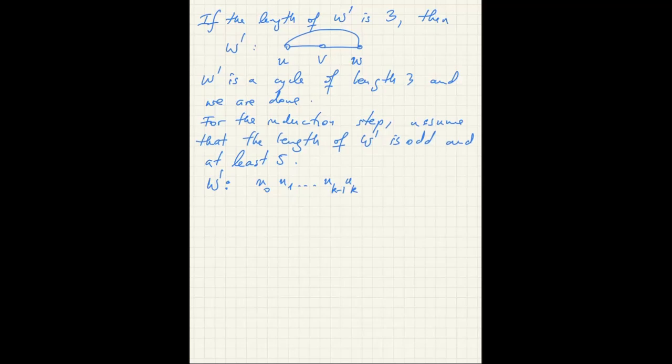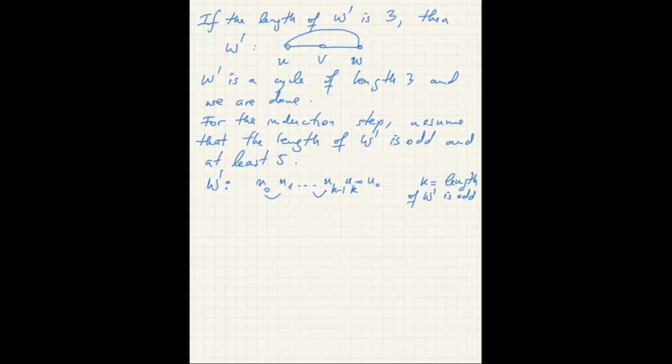And UK equals U0. So that's our walk, and K is the length, because you have U0, U1, so on, UK minus 2, UK minus 1, and back to U0. K, the length of W prime, is odd, and it's at least 5.